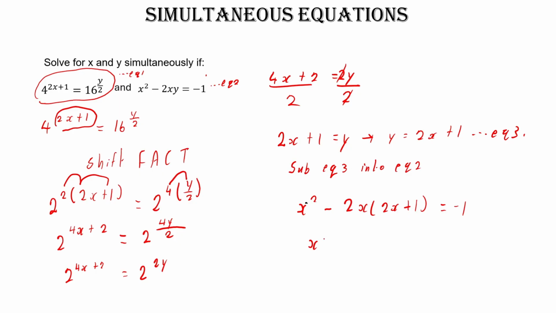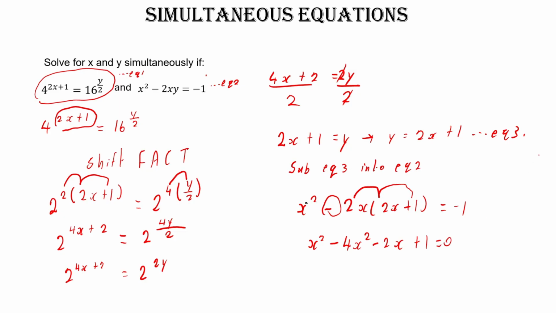So that's going to be x squared, and then you distribute including the negative. That's minus 2x times 2x, 4x squared, and then negative 2x times 1, that's just negative 2x. And you can take the 1 to the other side, that's just going to be positive 1.